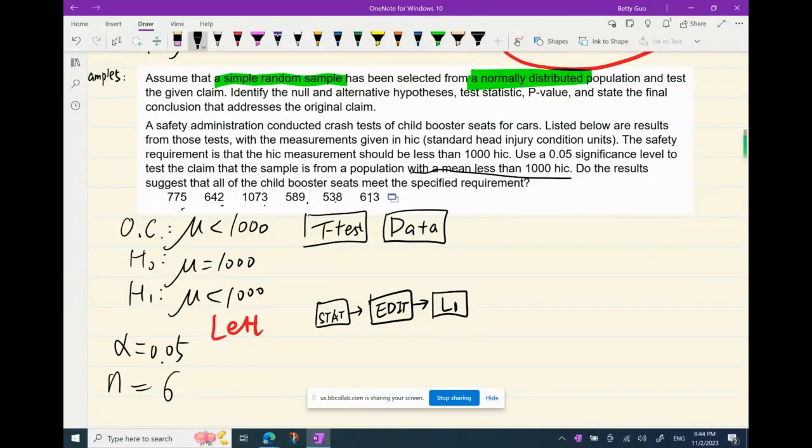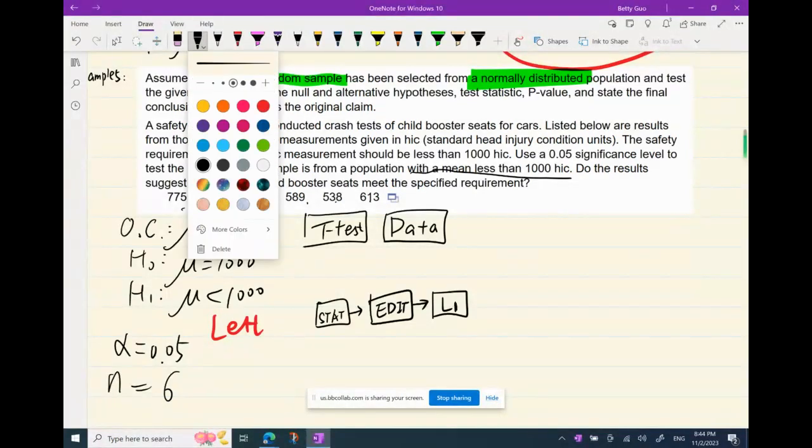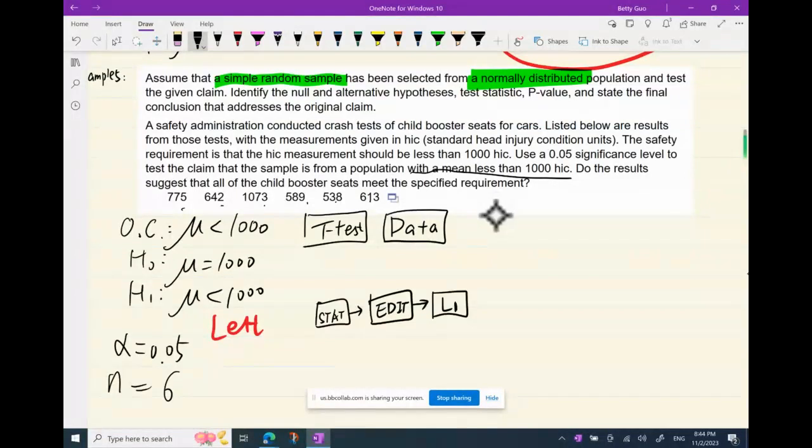And this time we're going to highlight data. You should see the data here. Once you confirm the data, you will see mu_0, list, and frequency, and then mu, the type.